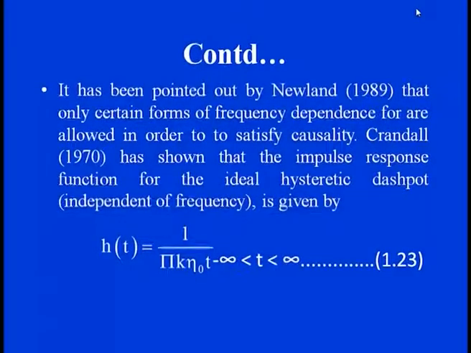This is nothing but the ideal hysteresis dashpot function. It simply gives h of t equals 1 divided by pi k eta t, where t is varying over the infinite range, minus to plus.